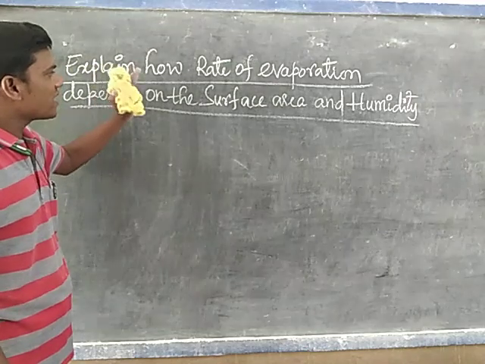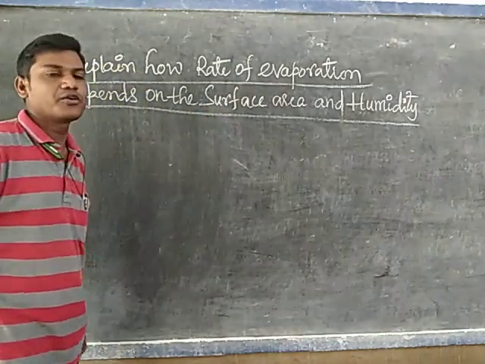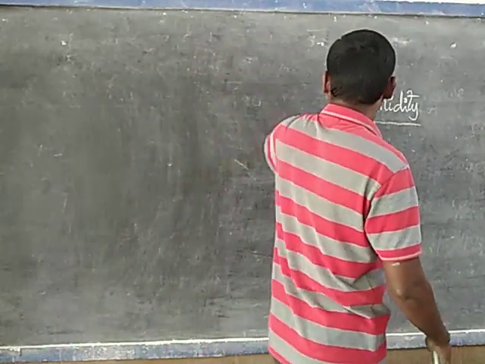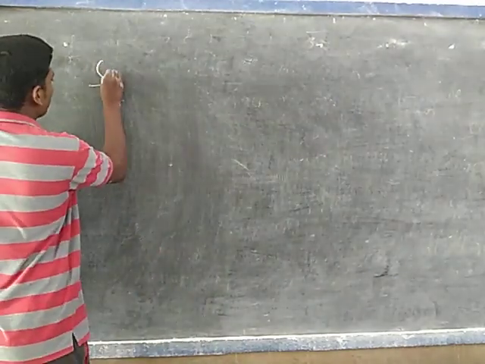So how does the rate of evaporation depend on the surface area and humidity? First we discuss how the rate of evaporation depends on the surface area.